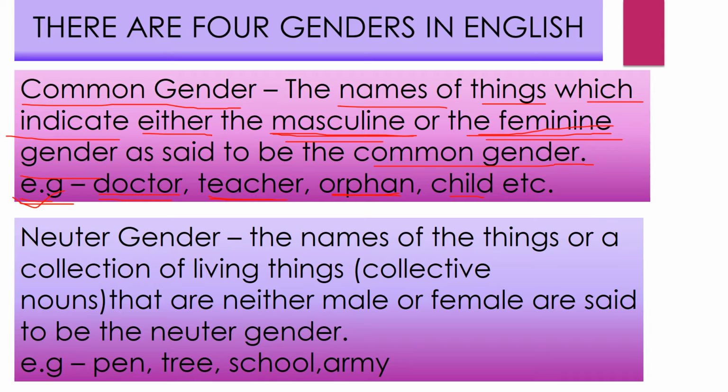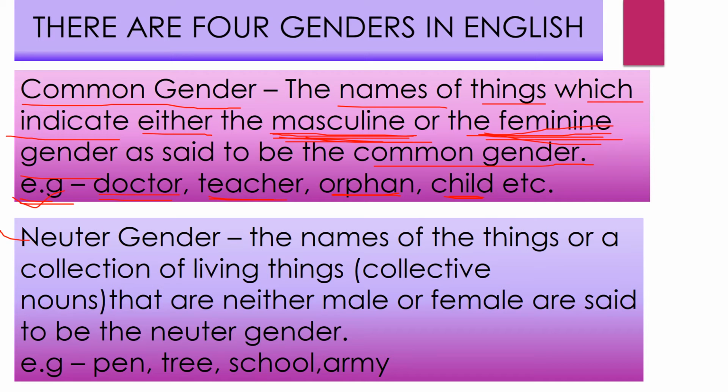Orphan, again, it can be either masculine or feminine gender. That is, either a boy or a girl, a male or a female. Child, this also can be either masculine gender or feminine gender. That is, it can be either a boy or a girl, either male or female.